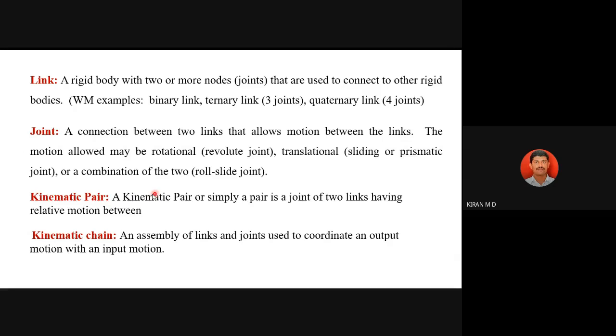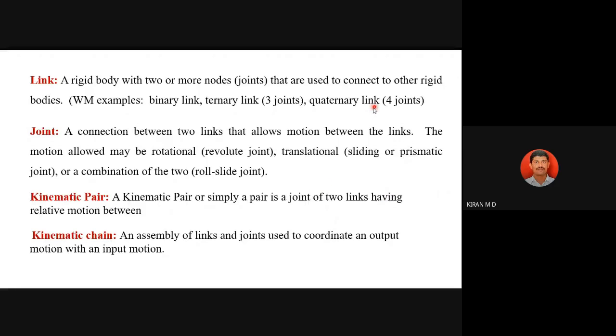Okay. So next we will move to the types of kinematic pairs, or classification of kinematic pairs. I told you that the kinematic pair, or simply pair, is a joint of two links having relative motion to each other. When we classify, we classify based on how the relative motion of two links works, how those links will transmit the motion from one link to another link.